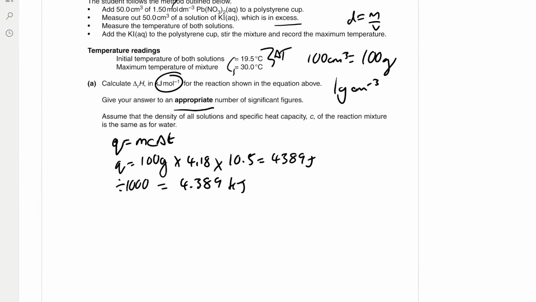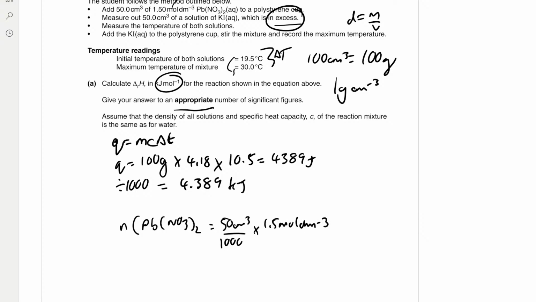So to find that, we know that that's Pb(NO3)2 because as we said earlier, they've told us that KI is in excess. So our moles of Pb(NO3)2 are 50 centimeters cubed over 1,000 times by 1.5 mole per dm cubed, which is 0.075 moles.